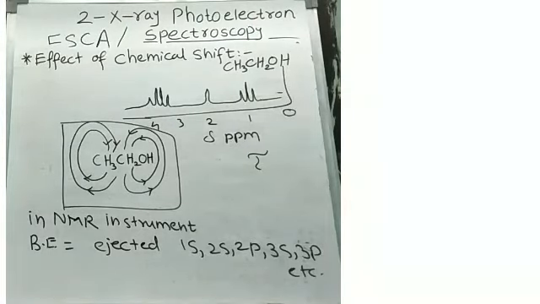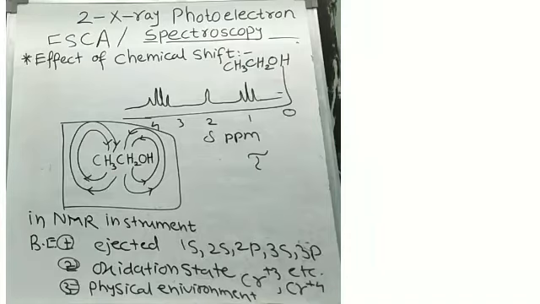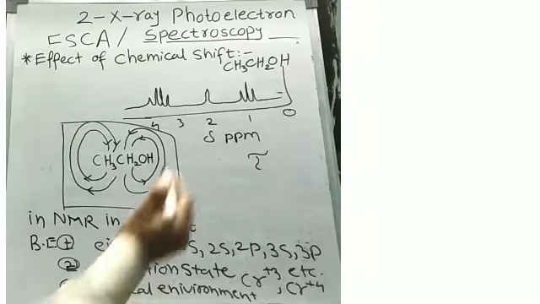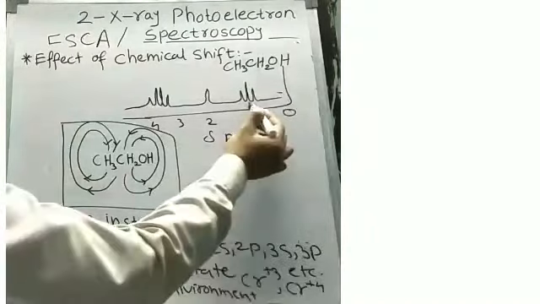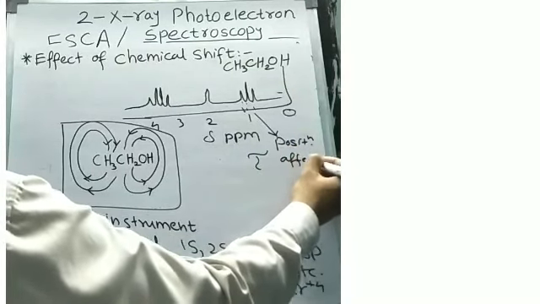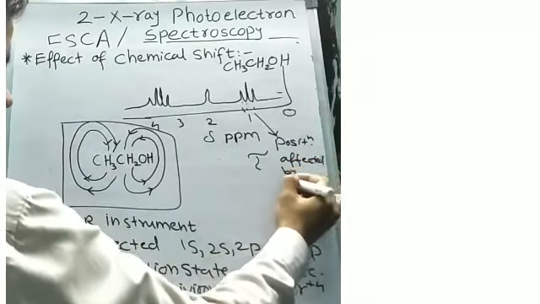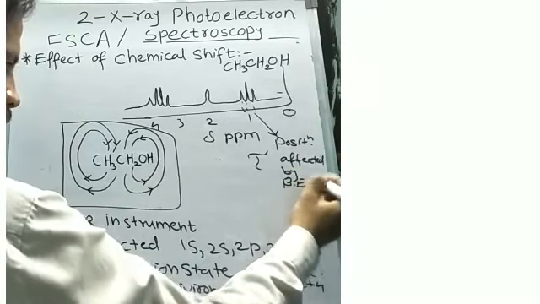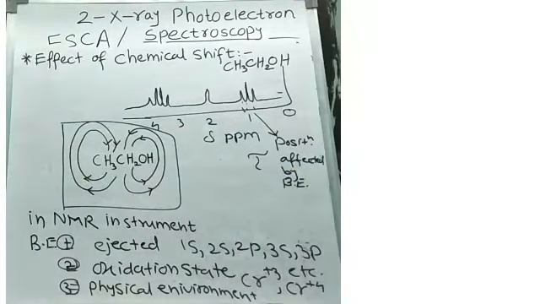So binding energy causes a small change in peak position. This is the peak position. So this peak position is affected by binding energy, and the spectrum is disturbed from the original.